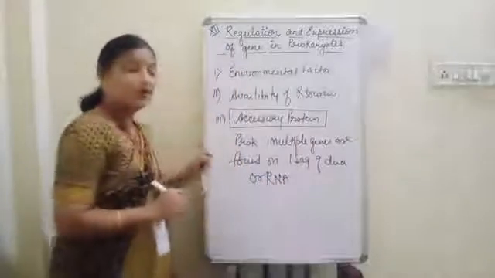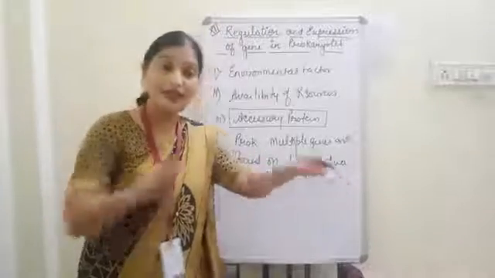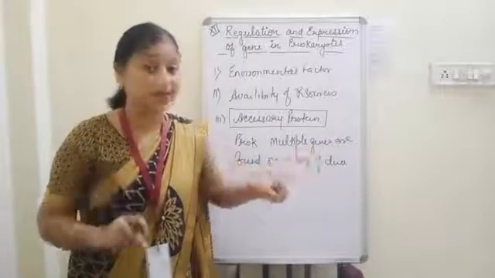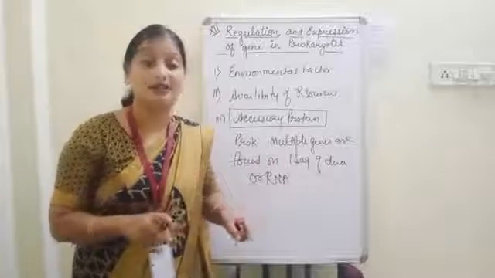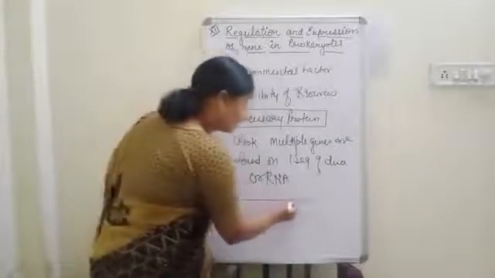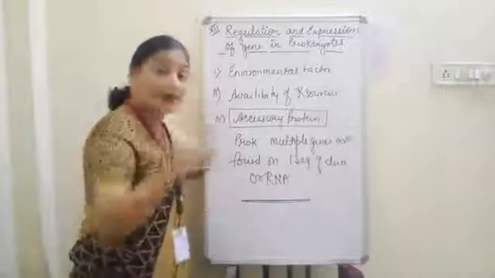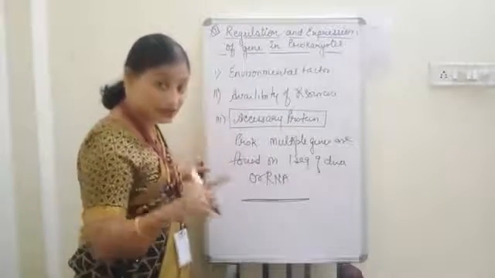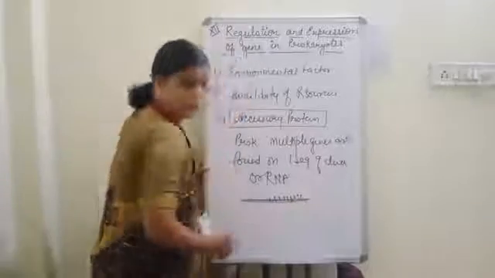So on one segment of RNA or DNA, there are multiple genes, and these genes are called structural genes. So we can say that on one segment of DNA or RNA, there are multiple structural genes.